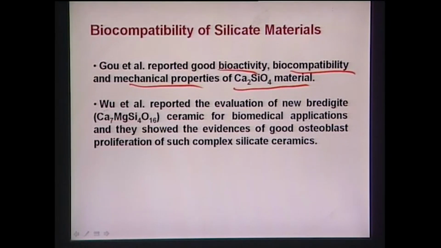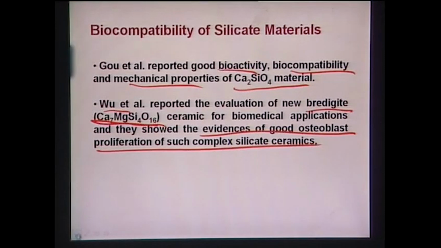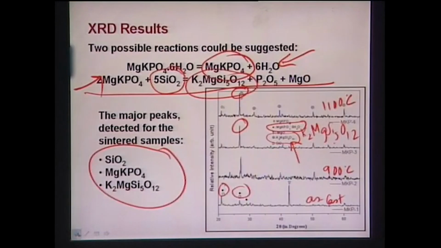Another group led by Wu also reported a complex silicate phase, Ca7MgSi4O16, as a ceramic for biomedical application, because it showed evidence of good osteoblast proliferation. From this literature we believe that our materials, which have a combination of the magnesium phosphate phase and silicate phase, should be biocompatible.